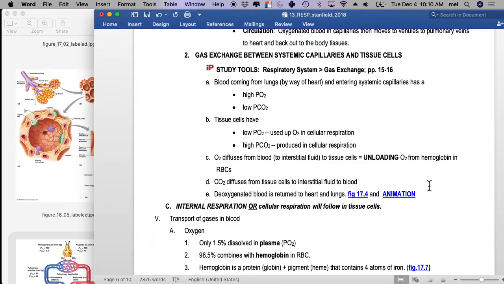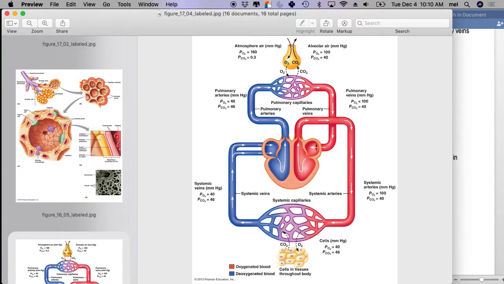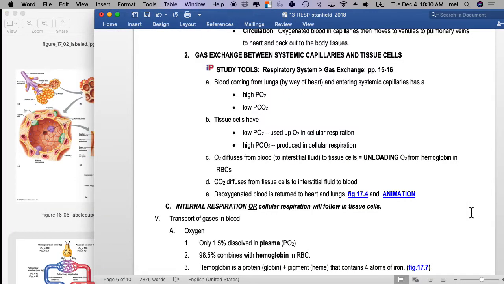That blood delivered to systemic capillary beds is going to be high PO2, low PCO2. Yes? Okay, and the tissue cells are going to be high PCO2 and low oxygen because they're doing what again? Cellular respiration. That concept won't leave us alone this semester. It just won't, right? So they're doing cellular respiration.